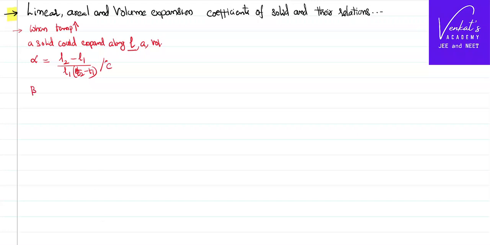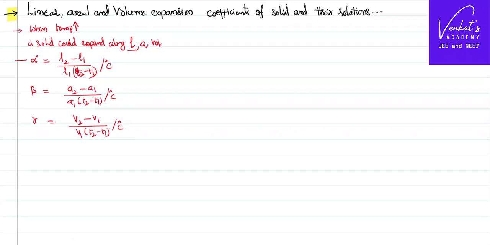Similarly, areal expansion for a solid is defined as the ratio of increase in the area to its original area per 1 degree centigrade rise in temperature. Similarly, to measure volume expansion, we have coefficient of volume expansion, defined as the ratio of increase in the volume to its original volume per 1 degree centigrade rise in temperature.